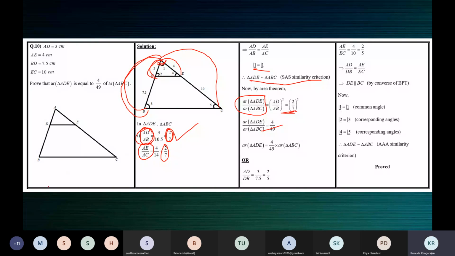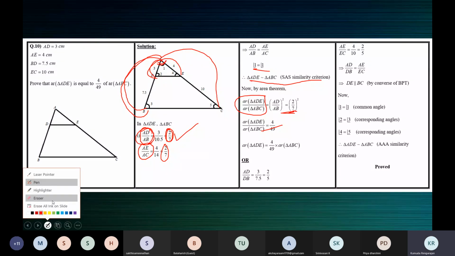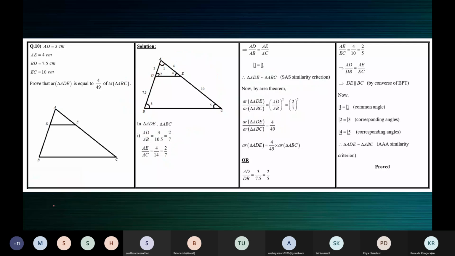So here we have proved that the triangles are similar using the SAS rule, and then we applied the area theorem. You can also prove that the triangles are similar by the AAA similarity criterion. Let's just do it again till here.